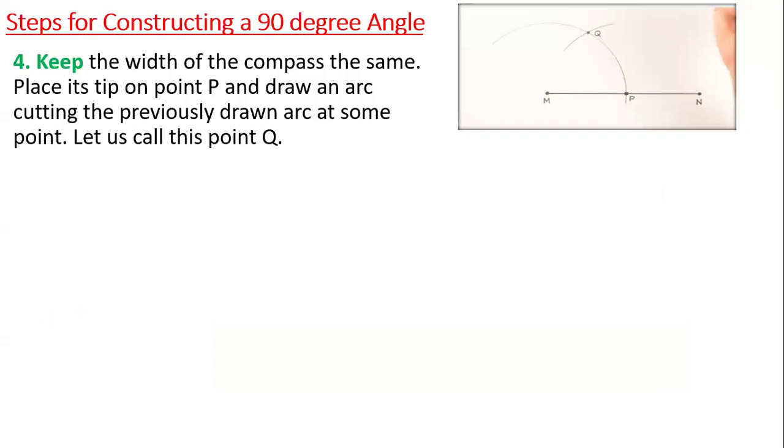Can't hear from Samaya. Go ahead. 4. Keep the width of the compass the same. Place its tip on the point P and draw an arc, cutting the previously drawn arc at some point. Let us call this point Q. Very good.